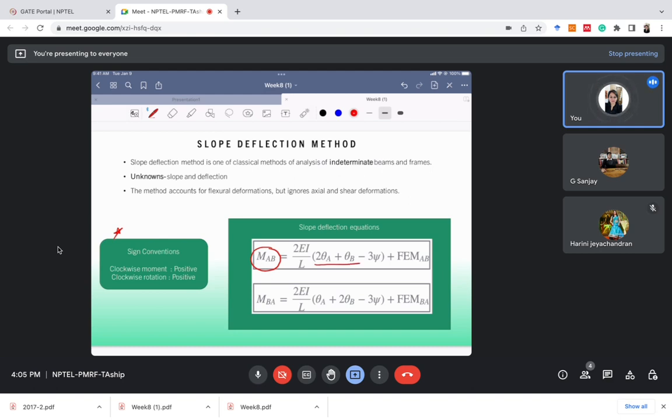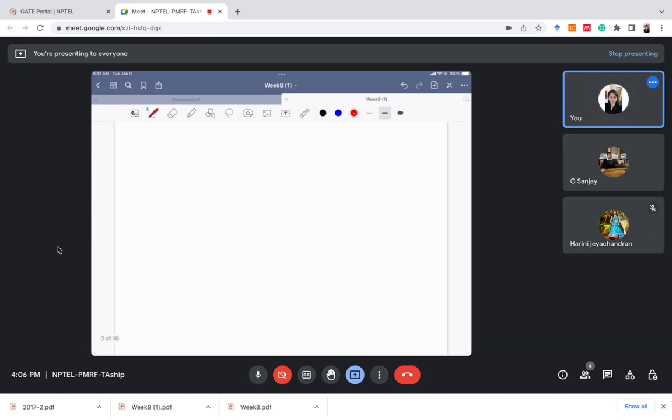These are the two equations, and we can write them in an easy way. Suppose there is a beam. Let's consider a propped cantilever beam having span AB. Please listen to this carefully.